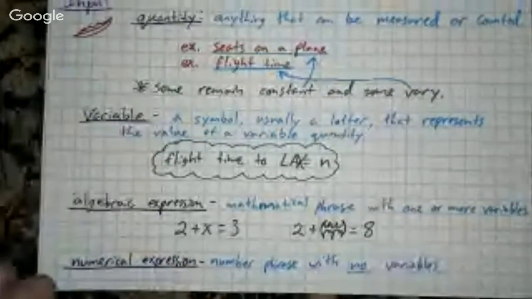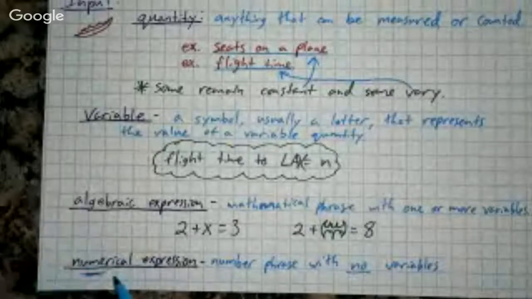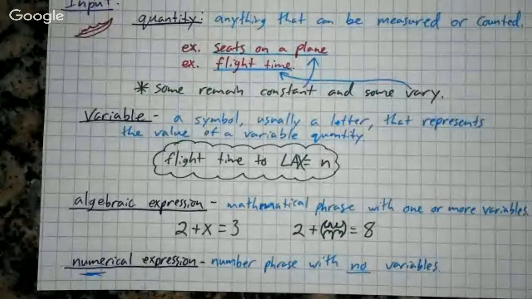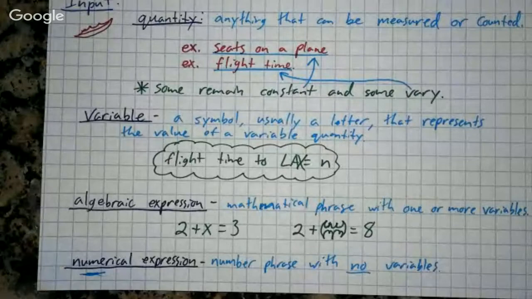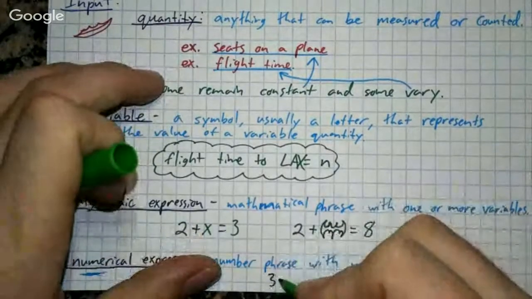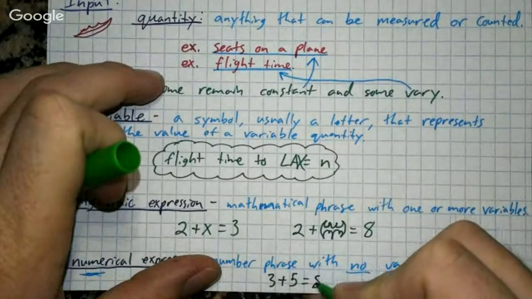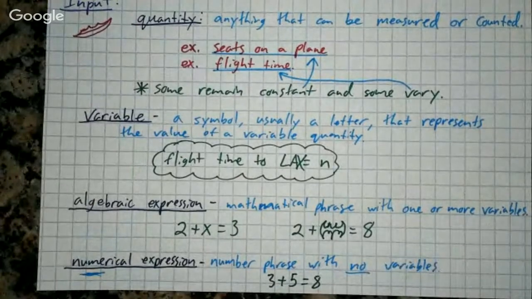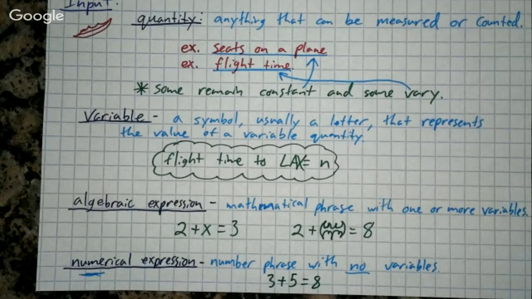You're only using numbers. So our example here could just be 3 plus 5 equals 8. That's a numerical expression. No variables, no nothing, just simple.